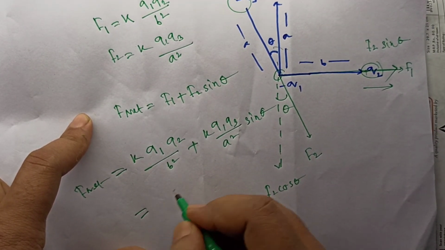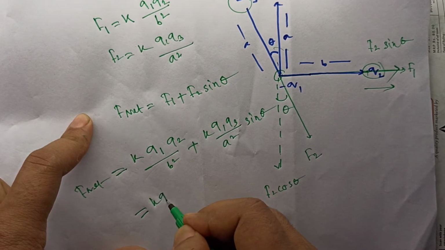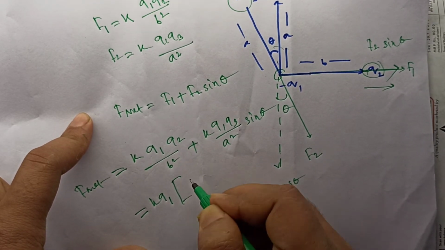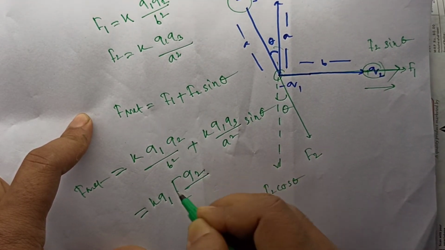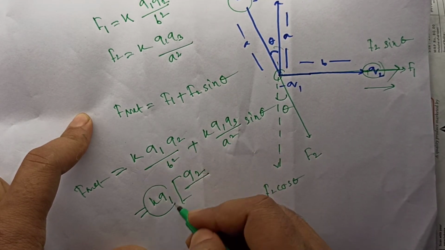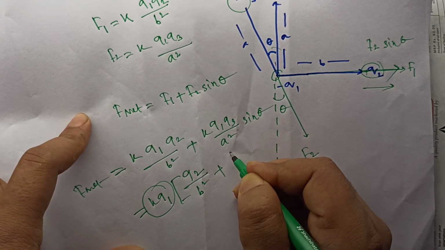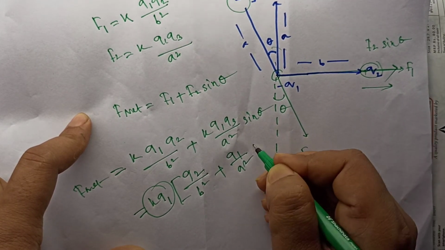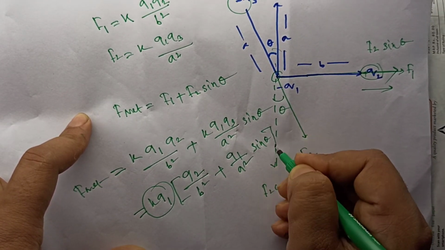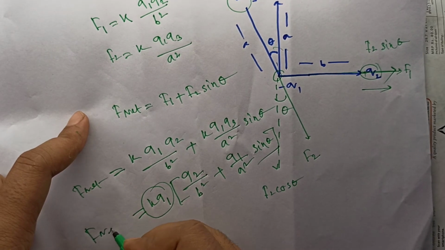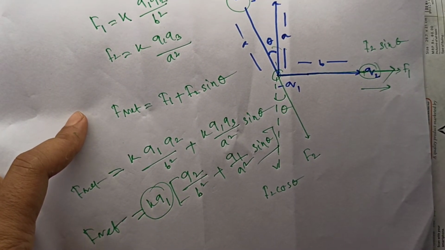Clear? So what is the common term here? K and Q1 is the common term. So after taking this out, Q2 by B square plus Q3 by A square with sin theta. This is the value of F net.